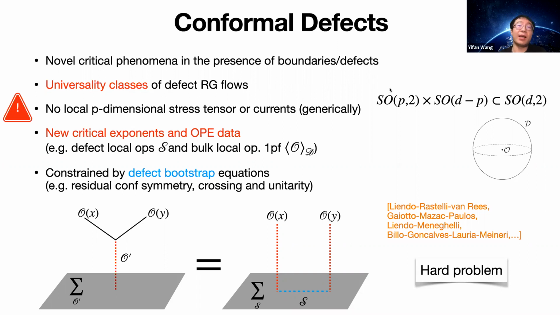It has this kind of symmetry, but importantly, it doesn't have a local p-dimensional stress tensor, or p-dimensional currents on its volume, and this is the important difference between a defect and the local CFT. The presence of a defect also introduces some new critical exponents and new OPE data into this extended theory.